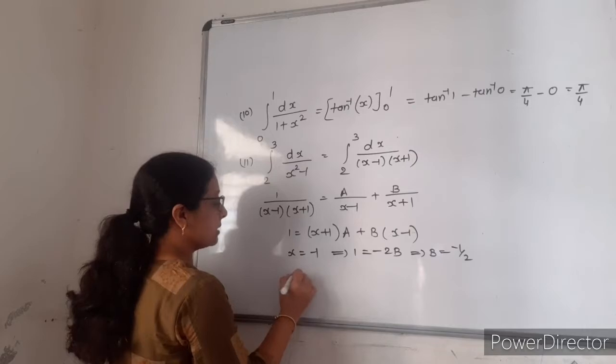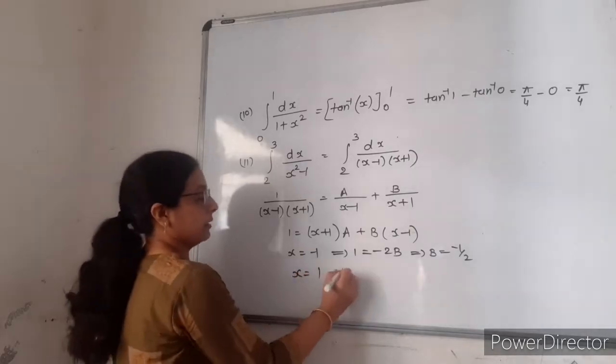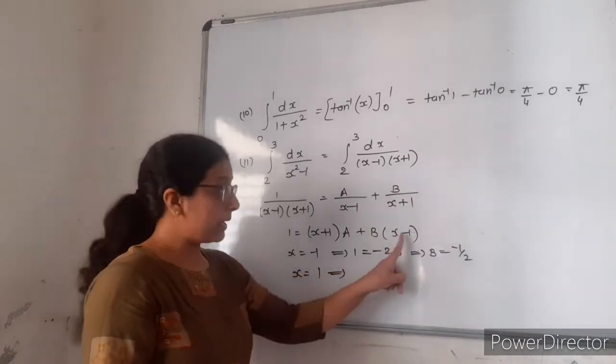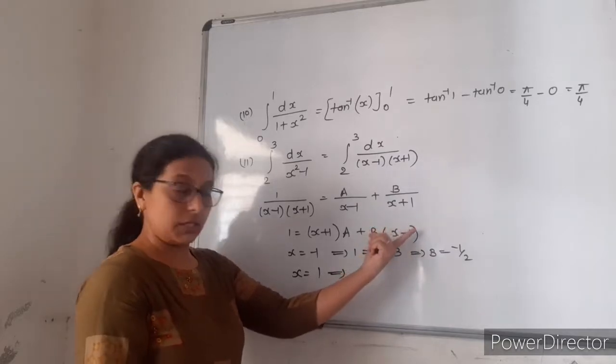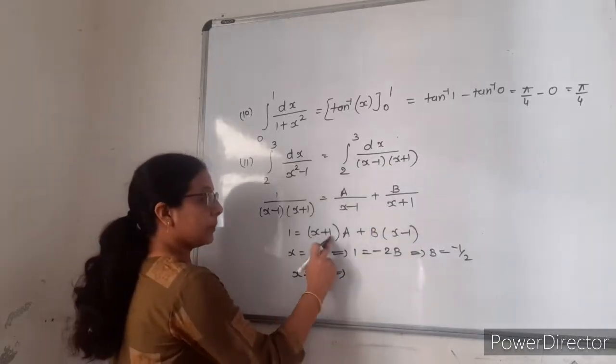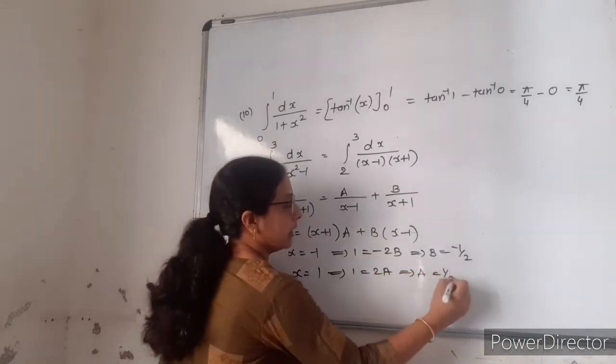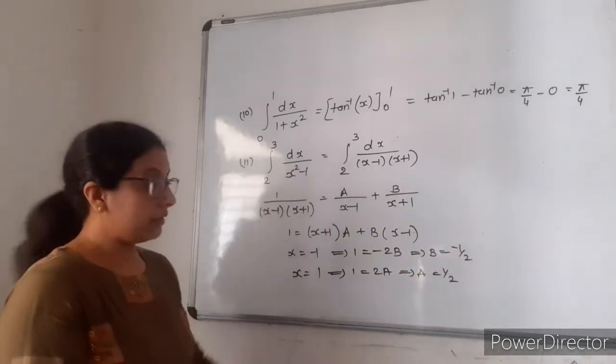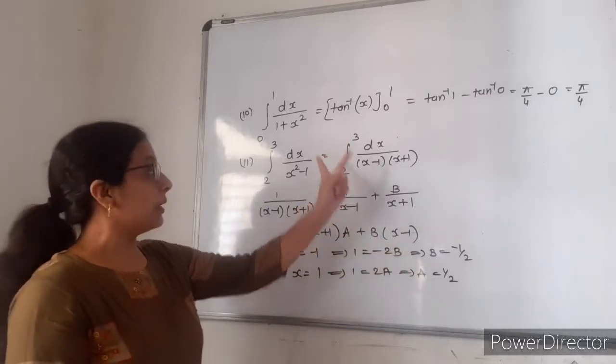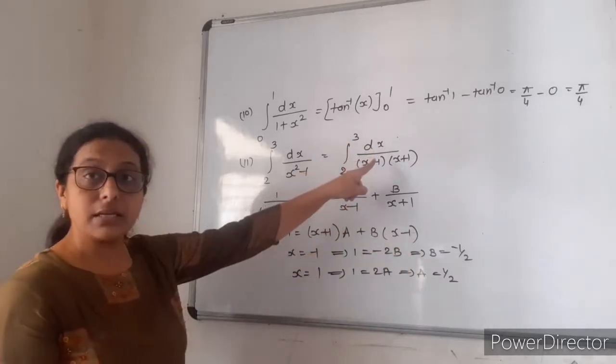Then if you take x equal to 1, here 1 minus 1 is 0, this term will become 0, and here it is 1 plus 1, 2. This implies A equal to 1 by 2. Now we will put these values of A and B over here and write it in the integration.